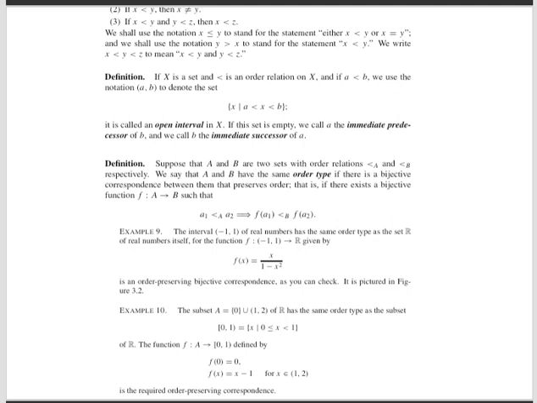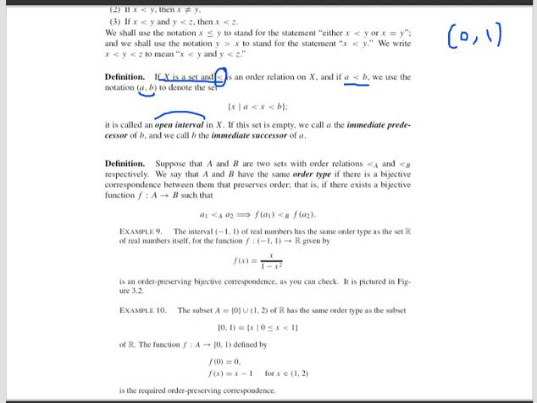Here is a definition. If X is a set and less than is an order relation on X, and if A is less than B, we use the notation (A, B) to denote the set of X such that X is between A and B. We say that it is an open interval. For example, (0, 1) is an open interval.